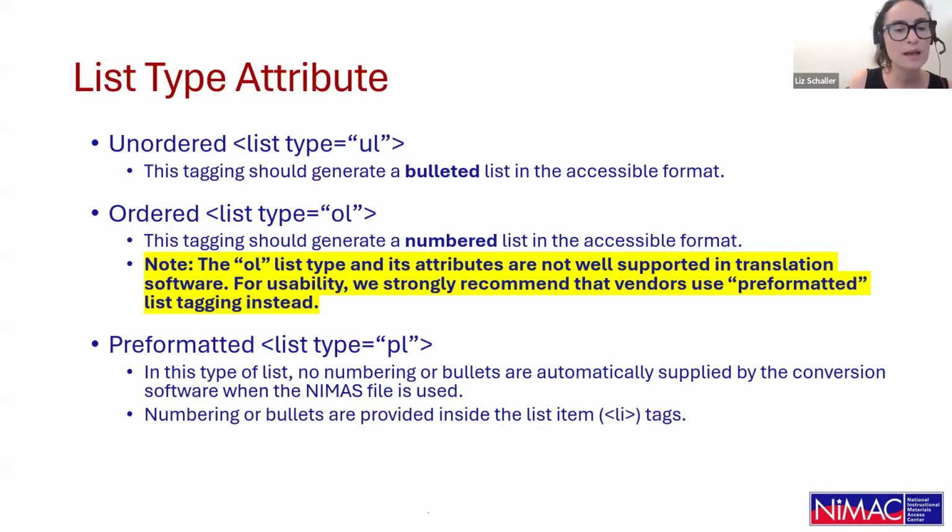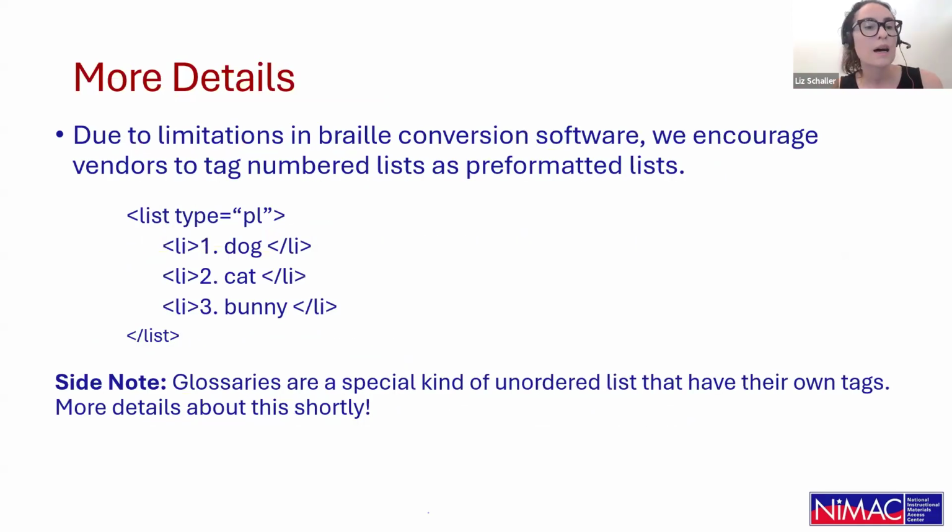And then finally, pre-formatted lists. In this type of list, no numbering or bullets are automatically supplied when the file is converted. Instead, the numbering or bullets would be provided inside the list item tags. Again, due to limitations specifically in Braille conversion software, this is where we see this issue most commonly.